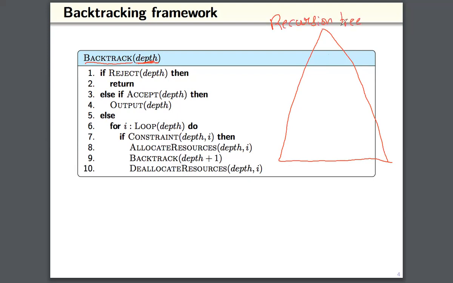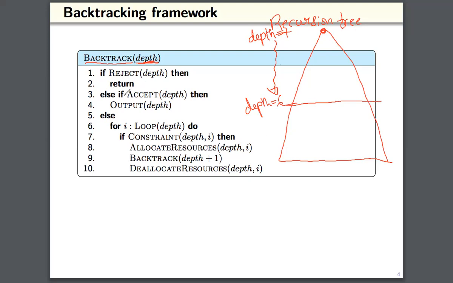You have seen recursion trees: every recursive algorithm will have a recursion tree, and backtracking will also have one. What do we mean by depth? Here depth is equal to 1, here depth is equal to, say, 6. It is the distance from the root.